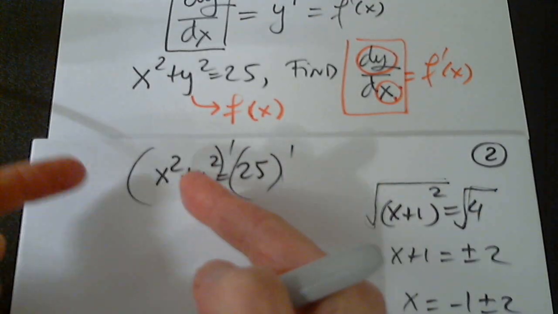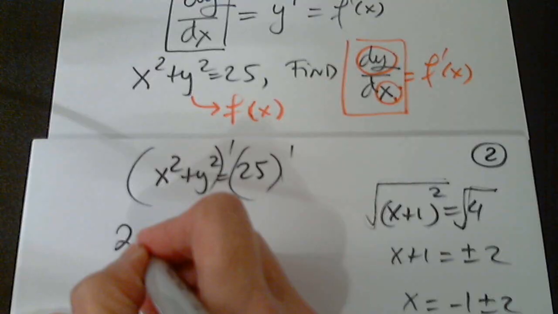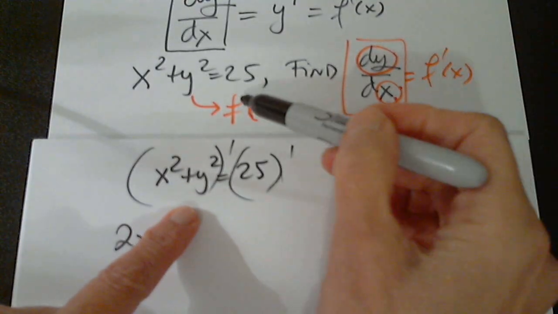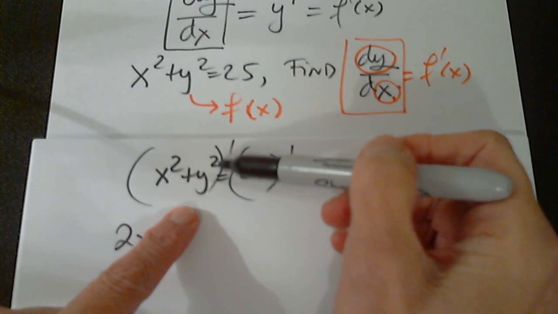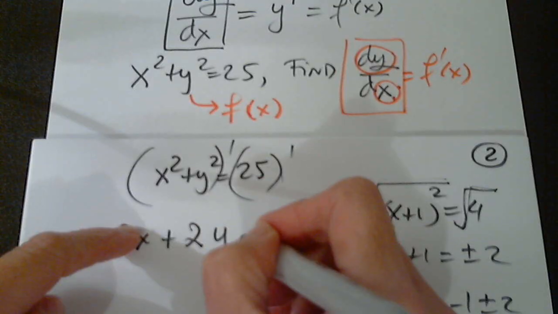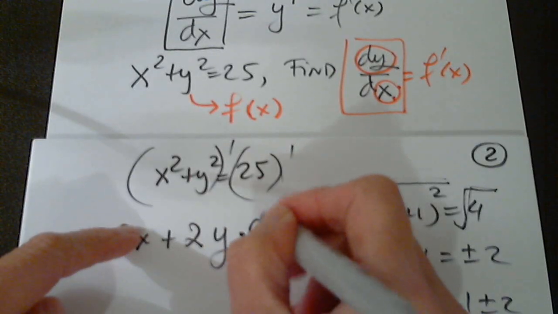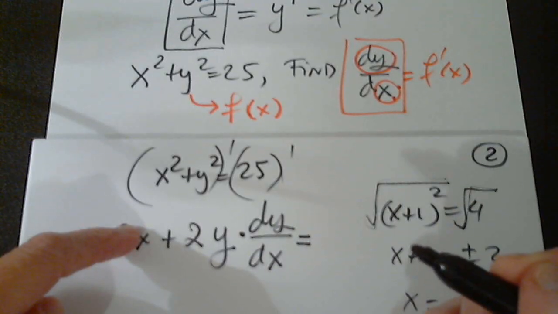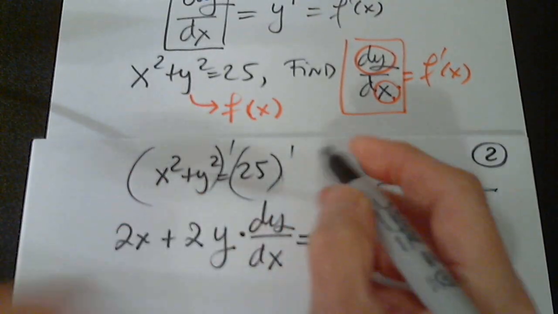When I differentiate the left, here I get 2x. But here, it's a different story because it's a function of x to power 2. I bring down the power, I subtract 1 from the power, times the inner function prime. And when I differentiate a number, I get 0.